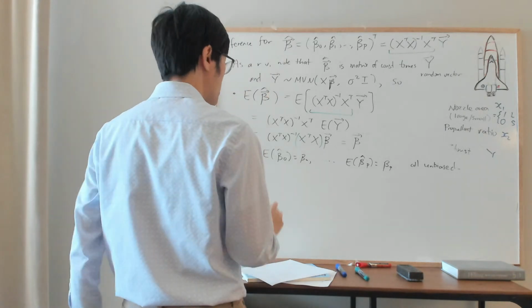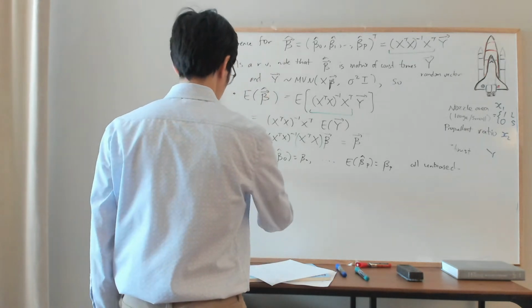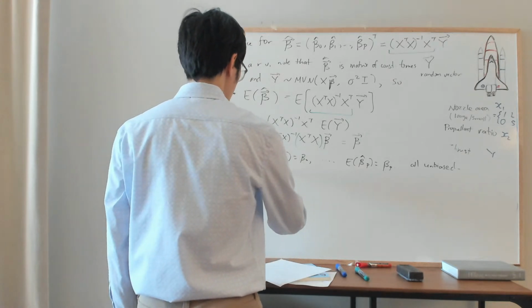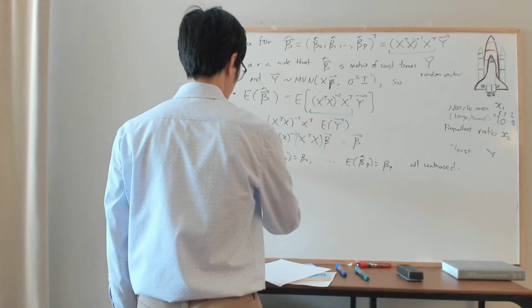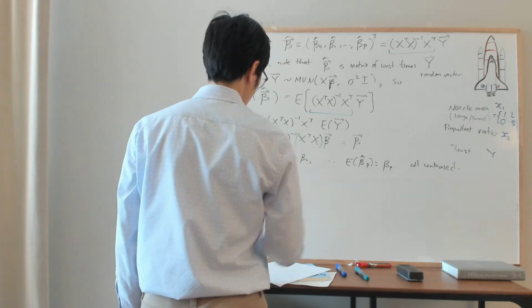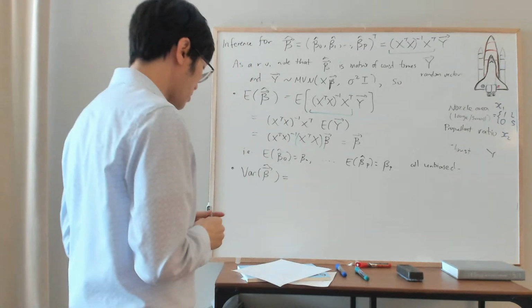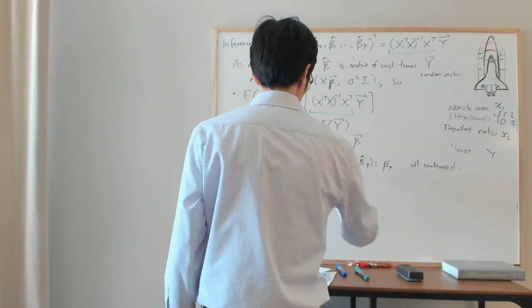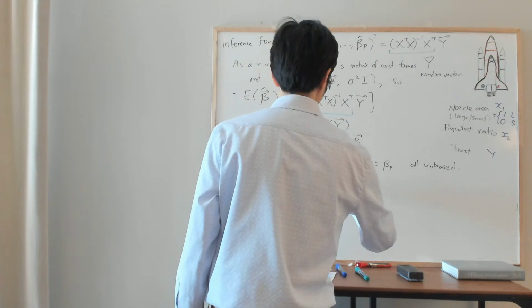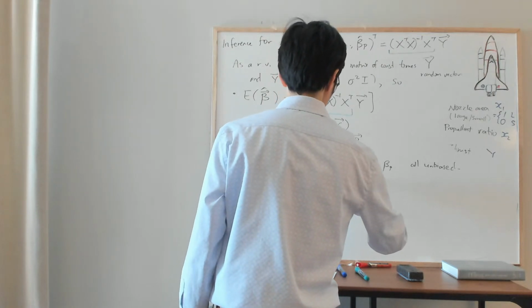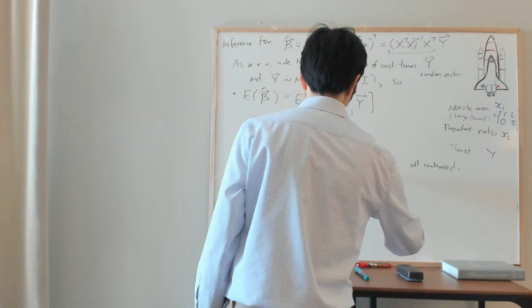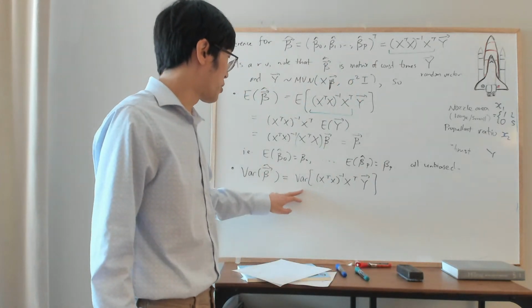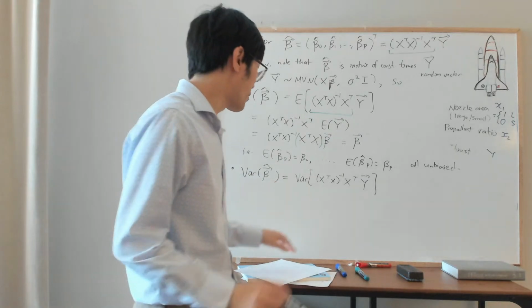Our next step is to take the variance. Again, we'll get some practice using the rules that we talked about last time. This is the variance of x transpose x inverse, x transpose y. We apply our rules for variance.